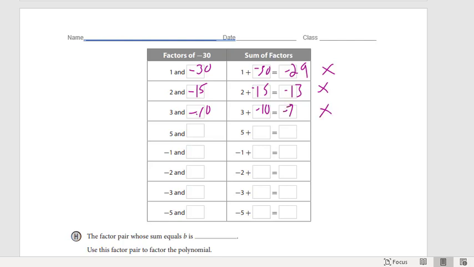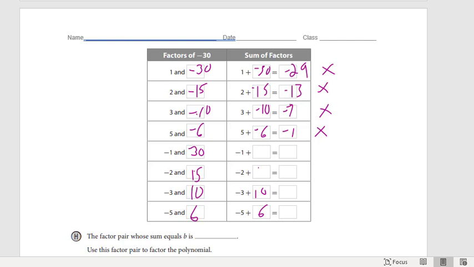Nope. 5 and negative 6. 5 plus a negative 6 is negative 1. Nope. Negative 1 and 30. Negative 2 and 15. Negative 3 and 10. And negative 5 and 6.